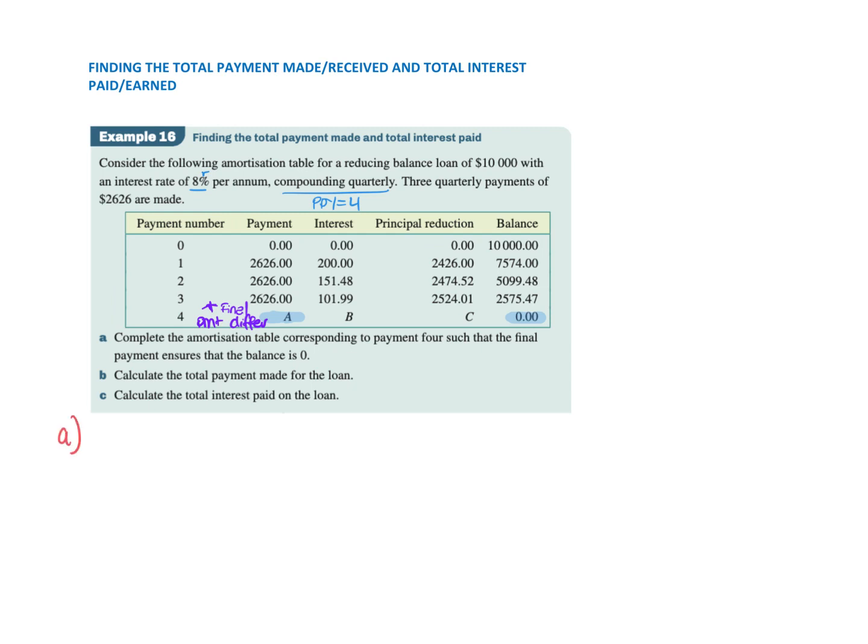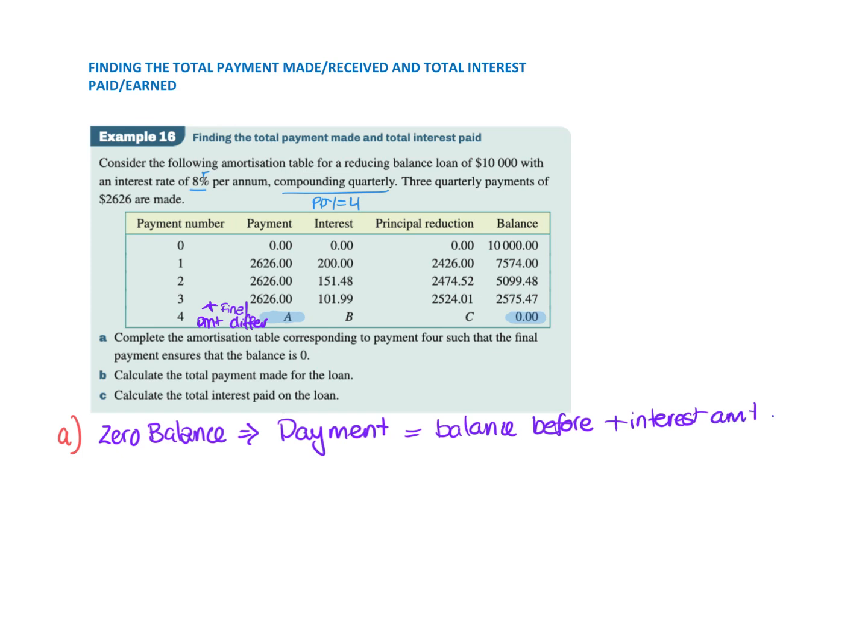So A, if we want a 0 balance, or the final balance, we need the payment to equal the balance before plus the interest amount. We saw that's what we need.